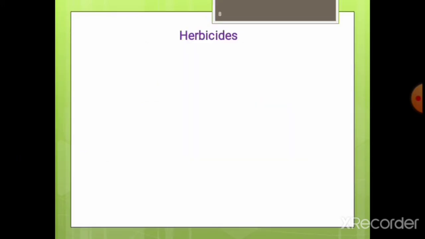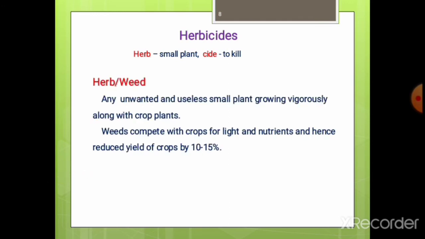Next we have to see herbicide. This herb is nothing but small plants, and again side is nothing but to kill. Herb or weed is any unwanted and useless small plant which is growing vigorously along with the main crop plant.